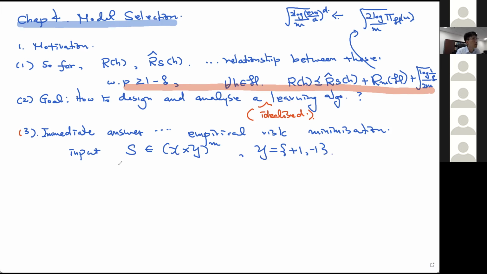And then we have a hypothesis set H. So what we're gonna return? In this empirical risk minimization, the output is something that minimizes the empirical risk. So this is called ERM over sample S. What it does is that it's a minimizer, so it's an argmin over our hypothesis set, such that it minimizes empirical risk.